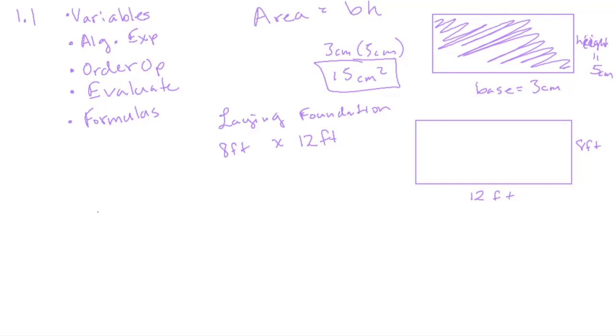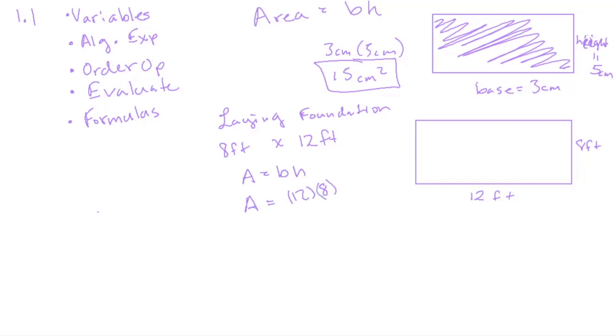So we've got 8 foot by 12 foot, base times height, and we want to figure out, okay, how much area am I covering? Well, we can now use our formula. We can say, okay, if A equals base times height, then my area would just be the base, which is 12 feet in this case, times the height, which is 8 feet.